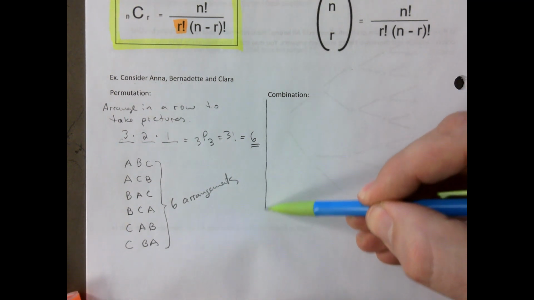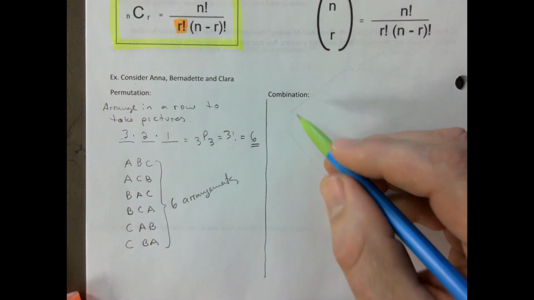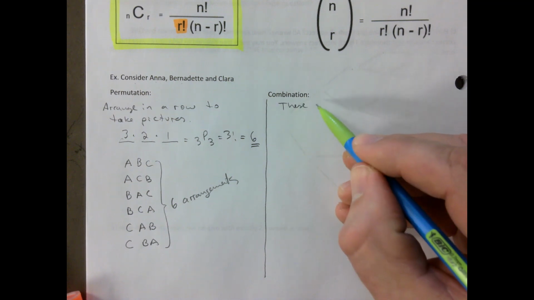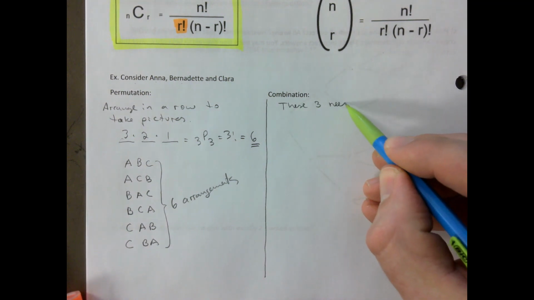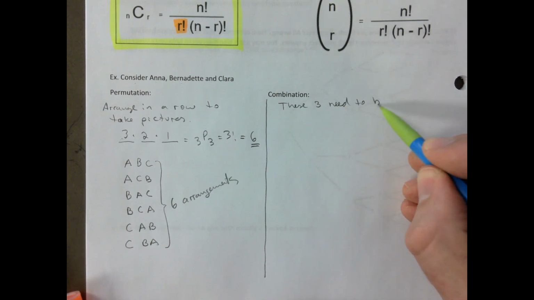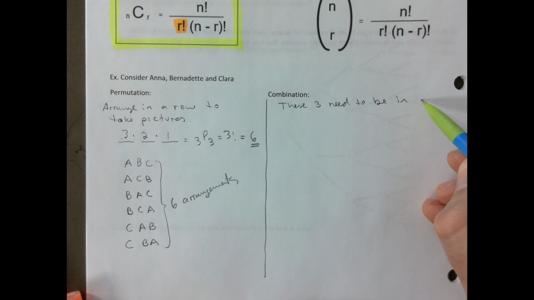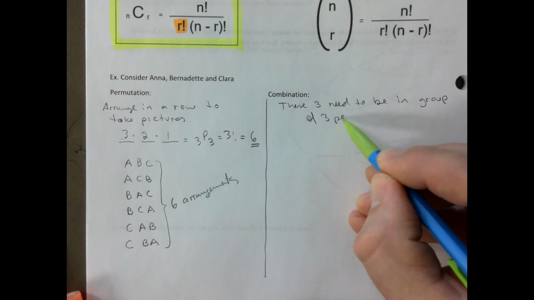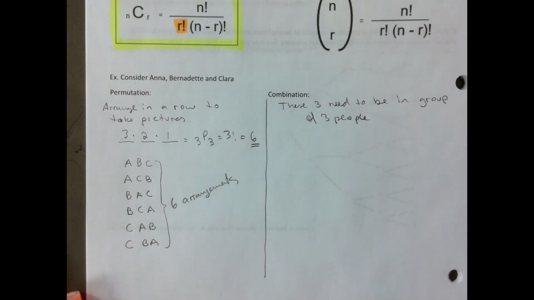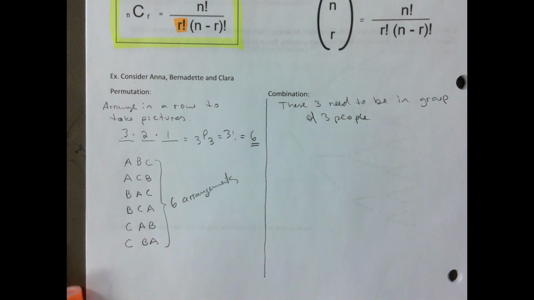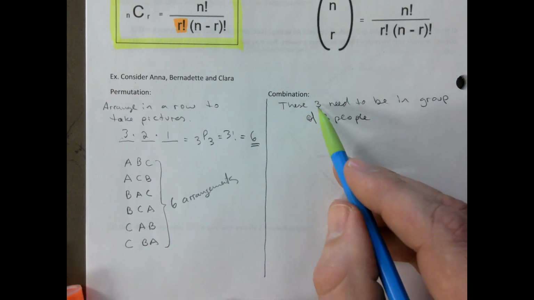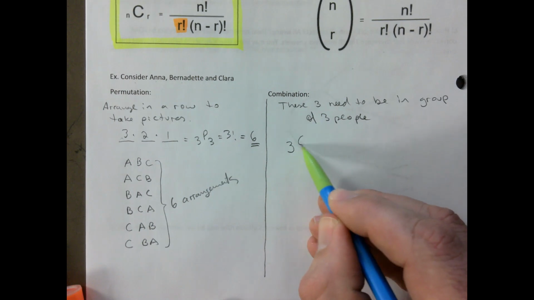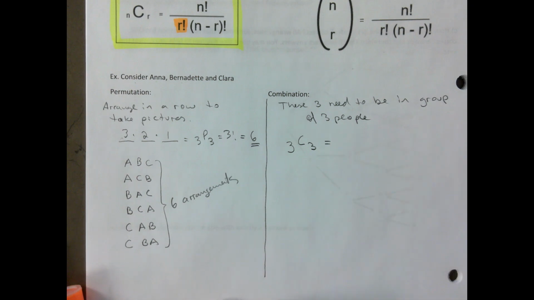Next, combinations. Okay. These three need to be in a group of 3 people. So we're using 3 people, and we have 3 people. So in a sense, you would say 3 choose 3, and what's the answer to that?